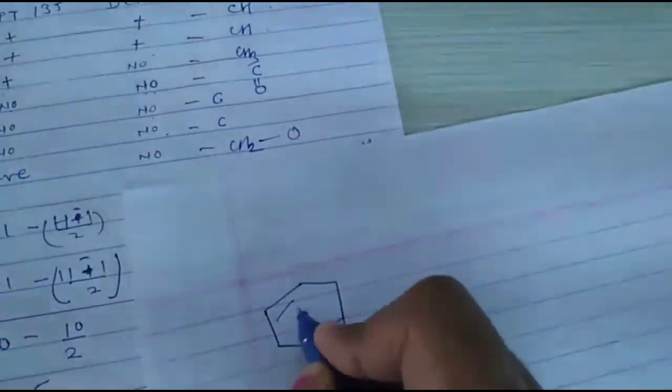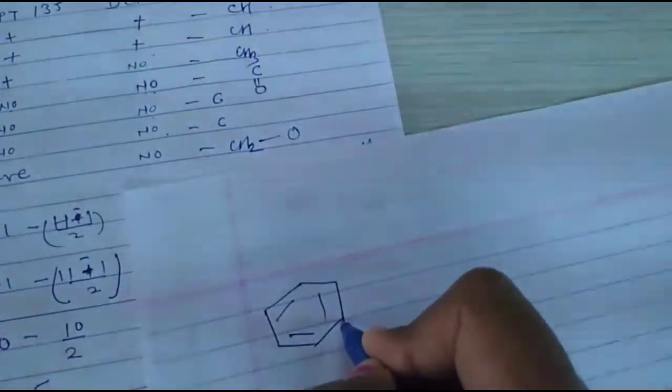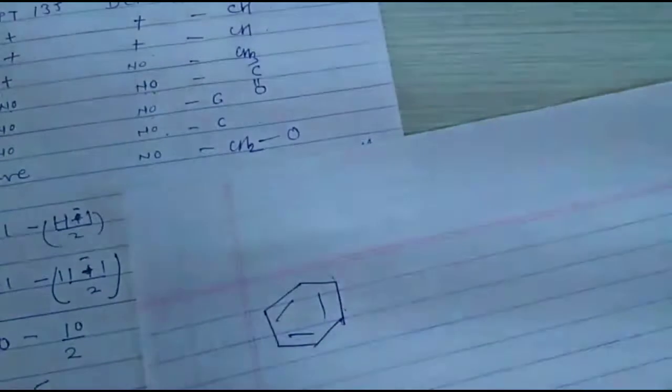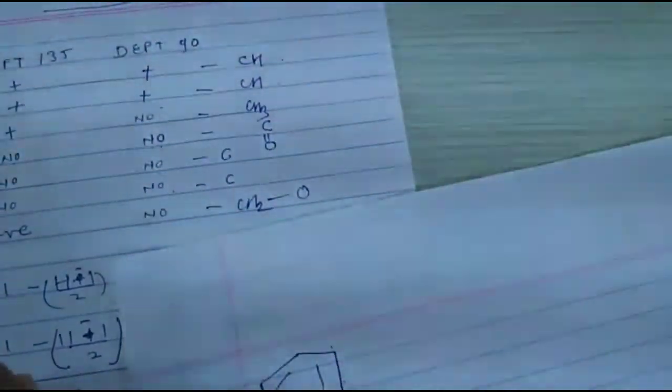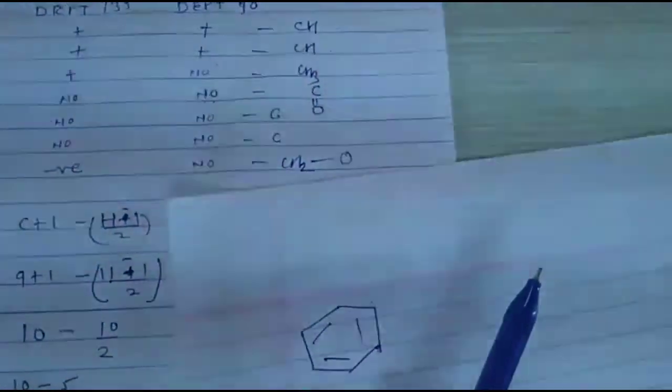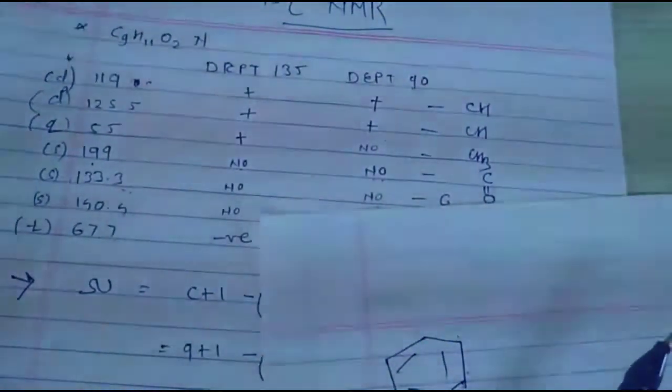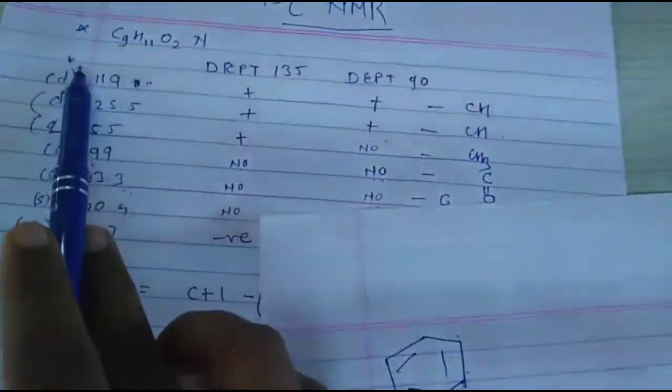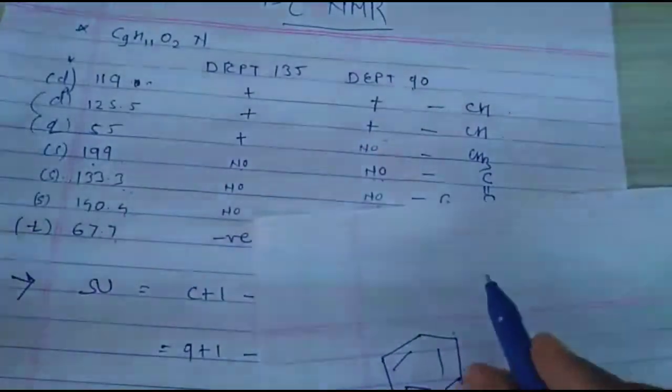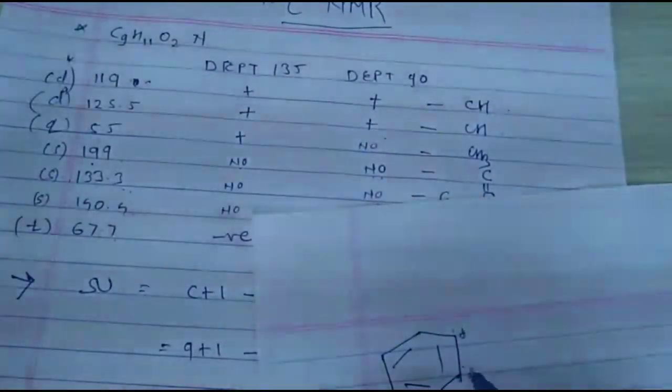Okay, the CH and CH have strong values, we can see here. Yes, 125 and 119 give the strong signals, that's why this is a CH value, and they show a doublet.